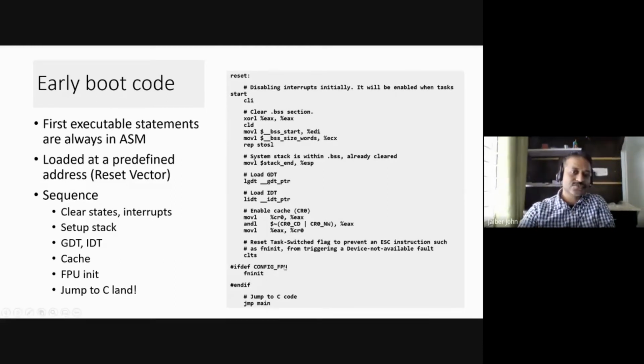This code shows the sequence every processor typically goes through before going to high level. I think this is hiding me, but let me move it away. Okay, so finally you see jump main right at the bottom. That's where the C code starts. Before that, there is a sequence of steps which it goes through. I'm not really going through the detail because I'll be running out of time.